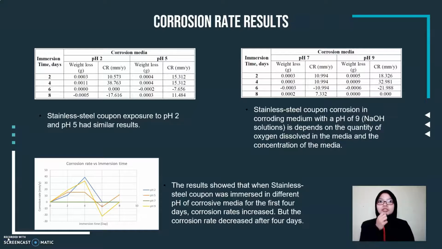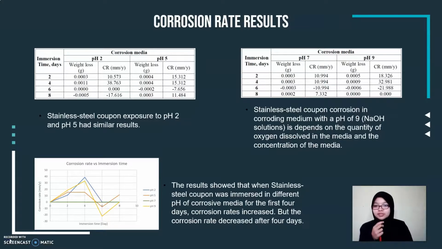Stainless steel coupon corrosion in corroding medium with a pH of 9 and NaOH solutions depends on the quantity of oxygen dissolved in the media and the concentration of the media. The more film builds up, the lower the corrosion rate; the higher the concentration, the higher the pH value of an NaOH solution.